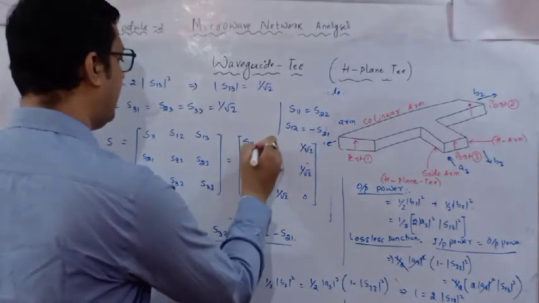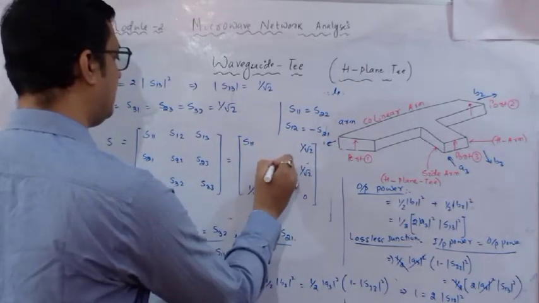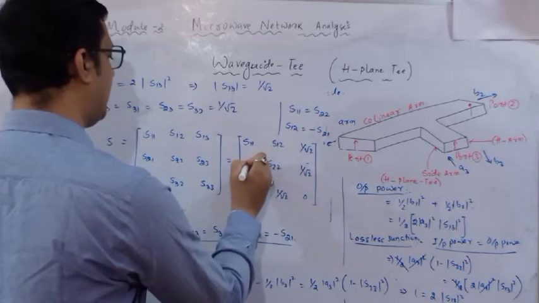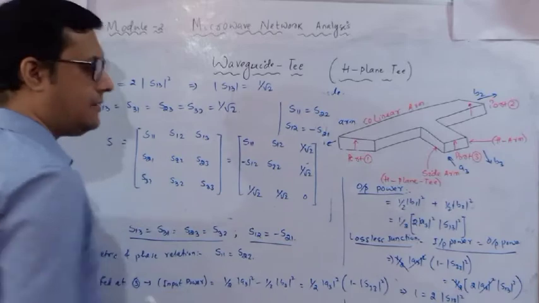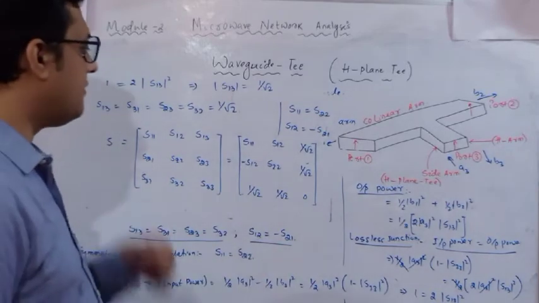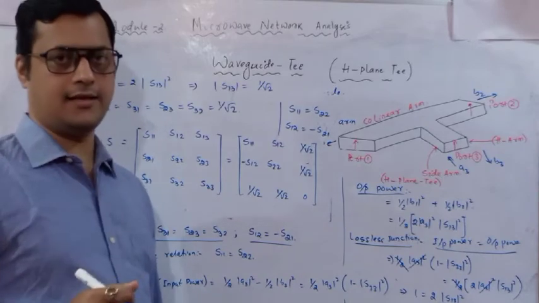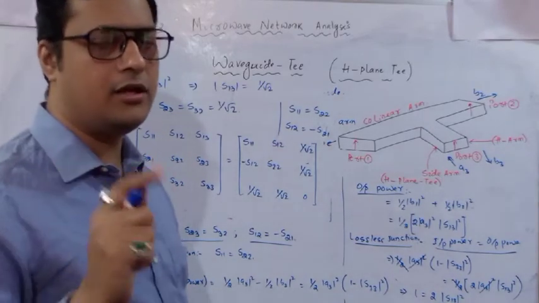Now we are left with S11, S22, S12 and minus S12. In place of S21 I have substituted minus S21. Now as per the lossless junction, it must satisfy the unitary property.